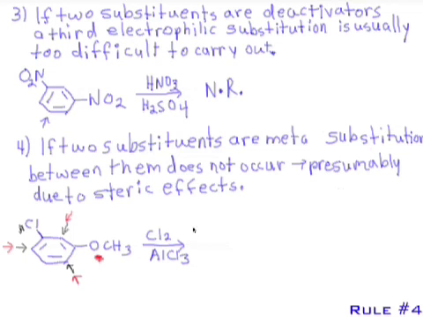Potentially, there are three possible products. We could put a Cl para to the OCH3.